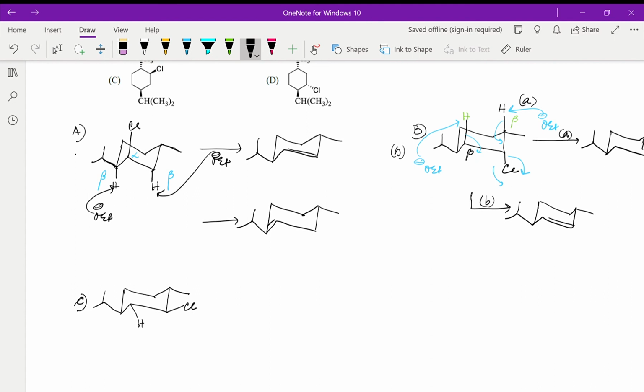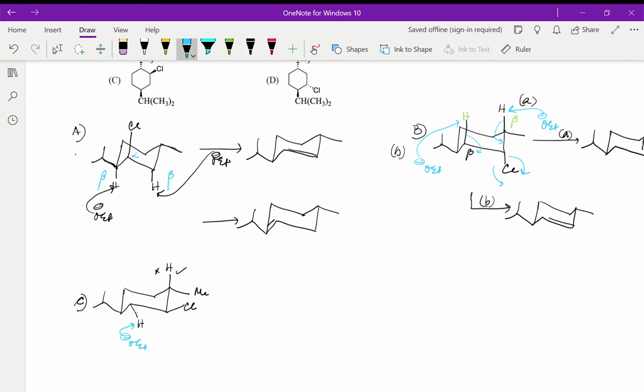Again, these two orientations are anti to each other, but out here this hydrogen is not anti to chlorine, rather we have a methyl over here which is anti. Okay, so no elimination will take place from here, but elimination will take place from here.